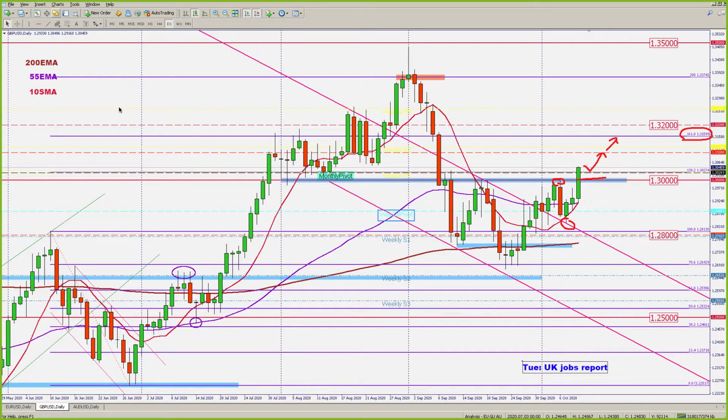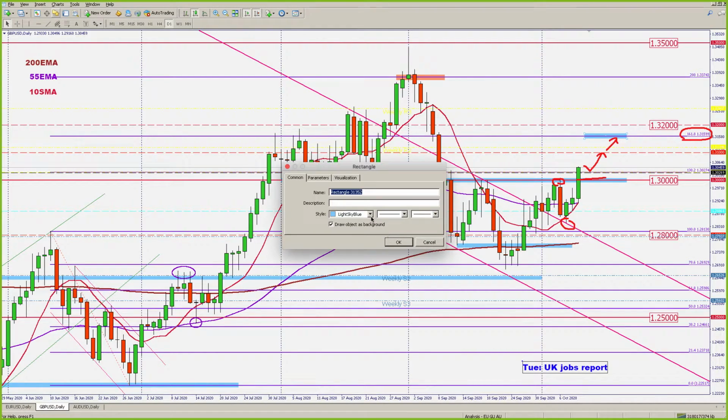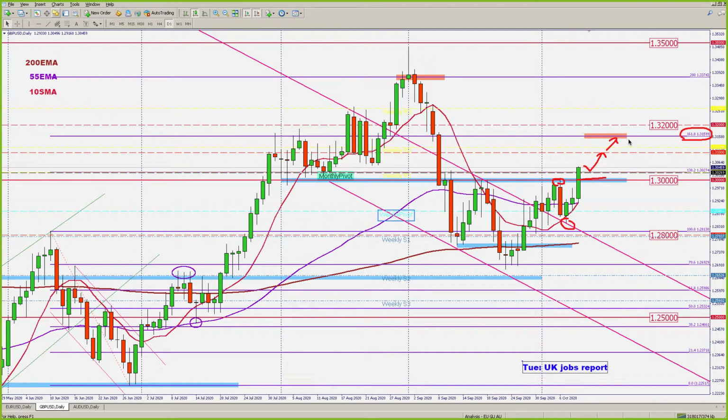And probably identify the potential resistance up here, 131.60. That'll be our resistance zone. All right.